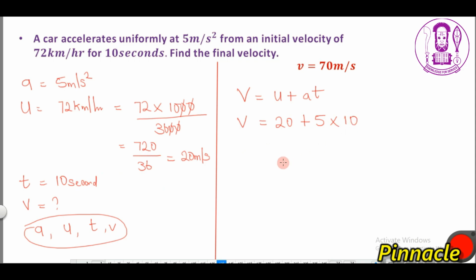So my V will be equal to 20 plus 5 times 10, which is 50. 20 plus 50 is equal to 70. So my V is equal to 70 meters per second. This is our answer to this question. So our answer is correct, 70 meters per second.